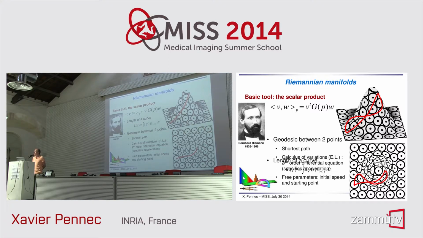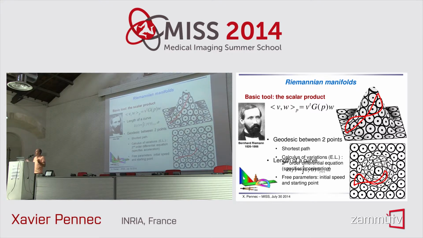Usually what we do to do that is to compute an energy rather than the length. And we can take the derivative of that energy, and this gives us what we call the Euler-Lagrange equations, which are characterizing the geodesics.